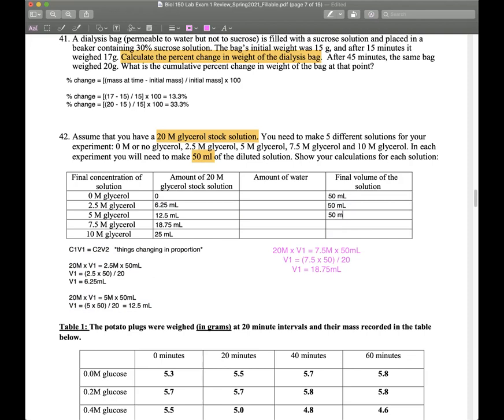And then we are going to use our final volume and the volume of stock that we're adding to calculate how much water we need to add to get this final volume. So if we have 0 amount of stock, 50, it's just going to be pure water. And then for the next one, 50 minus 6.25, 43.75. 27.5.